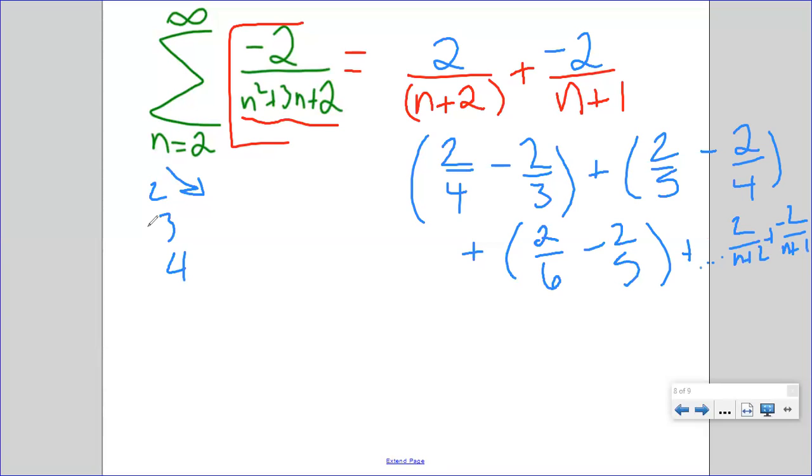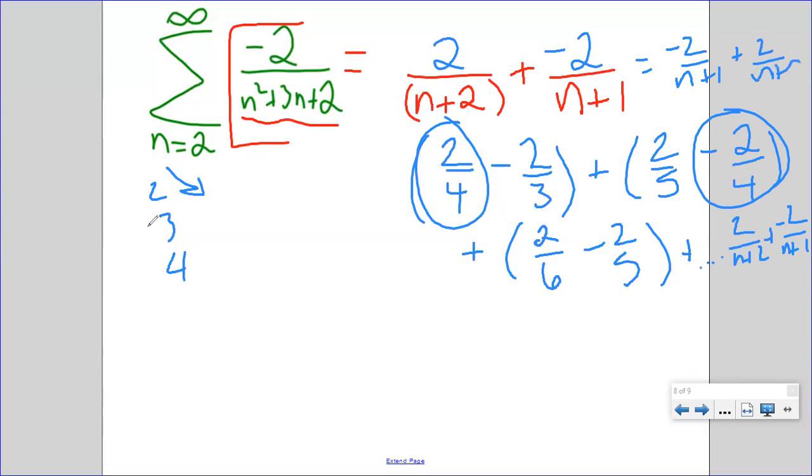What's going on? What's canceling out? Is anything canceling out? The second term is canceling out with the first term. Yeah. Maybe if I had put this in the right order, if I had rearranged these and made it -2/(n+1) plus 2/(n+2), that would make this a little bit easier. But we realize that these terms are going to keep canceling out.